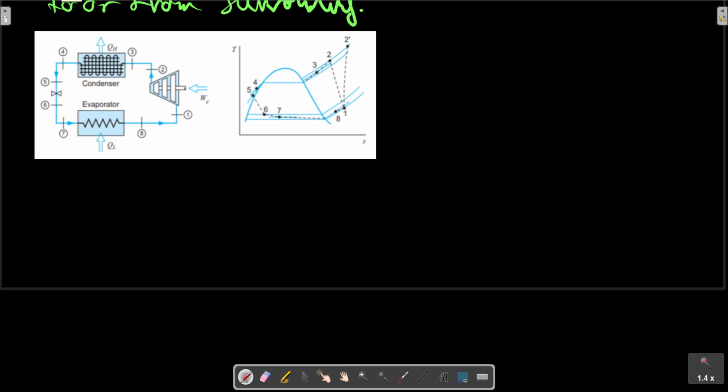The vapor entering the compressor will probably be superheated. During the compression process, there are irreversibility and heat transfer either to or from the surrounding.